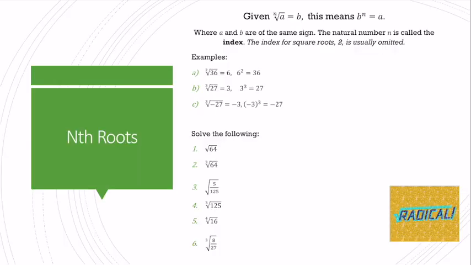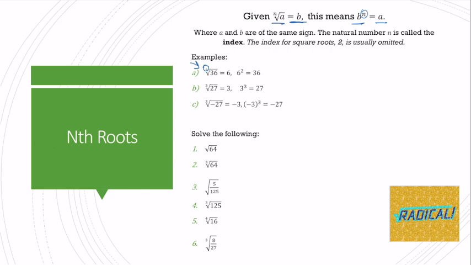So for instance, if I was taking the nth root of a number a and I got out b, that would mean that b to that nth power would give me a as well. So it's important to note that a and b are of the same sign, and n is a natural number. We call that our index. For square roots, I won't typically write the index, it's typically just omitted.